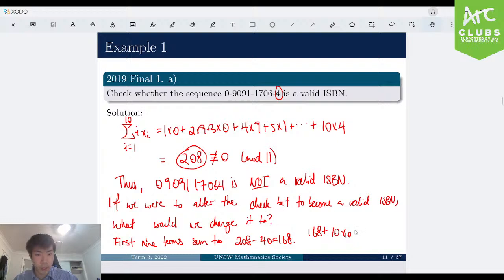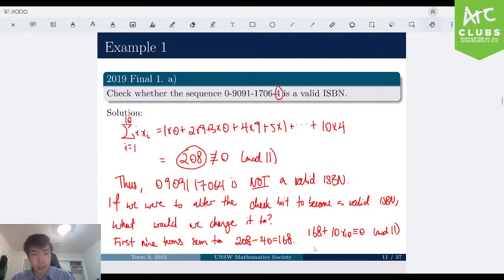We need this to be congruent to 0 mod 11, okay? To do this, you can just do trial and error on your calculator. For example, 168 plus 10, is that divisible by 11? No. 168 plus 20? No. 168 plus 30? Yes.